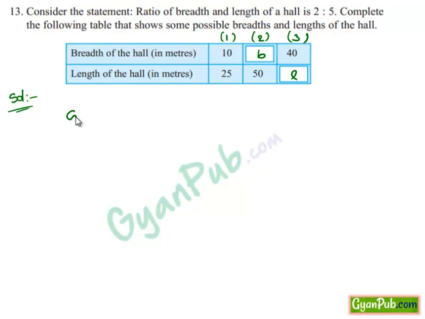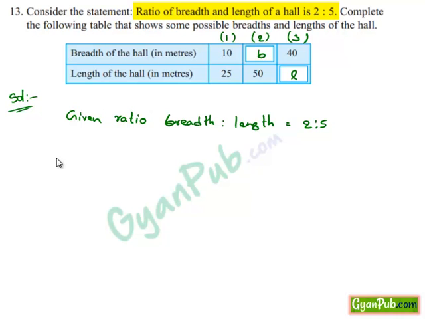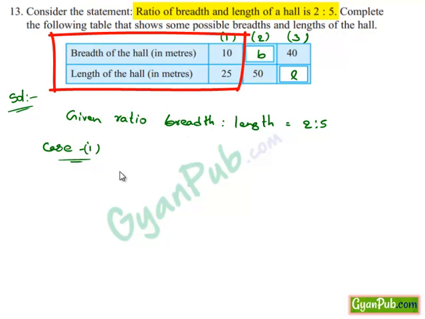Now the given ratio between breadth and length is equal to 2:5. So first let us check for the first case, that is dimensions of the hall 1, which is ratio is equal to 10:25.